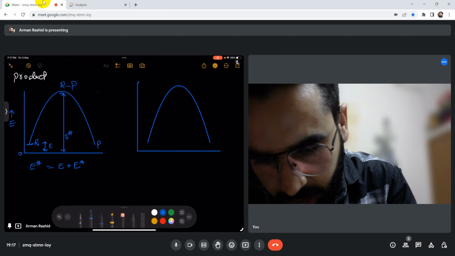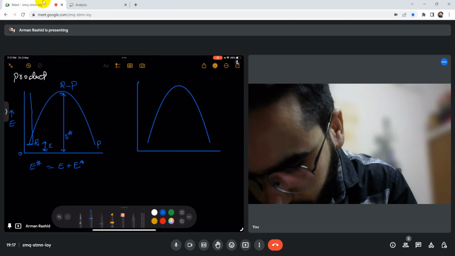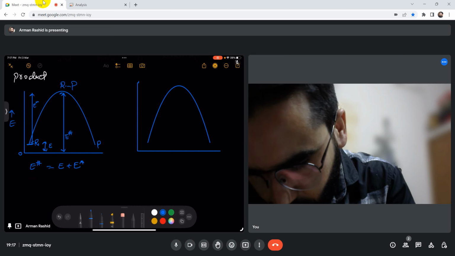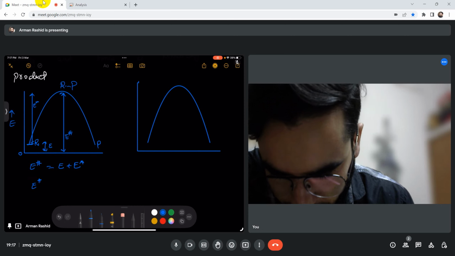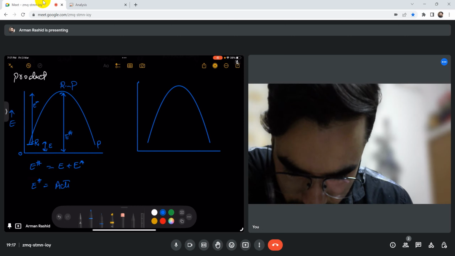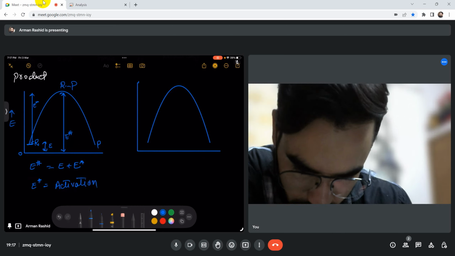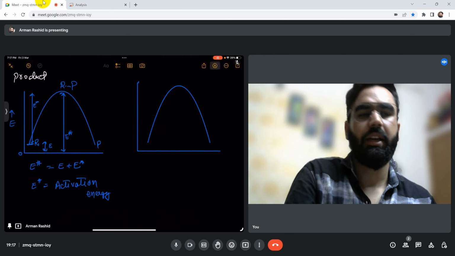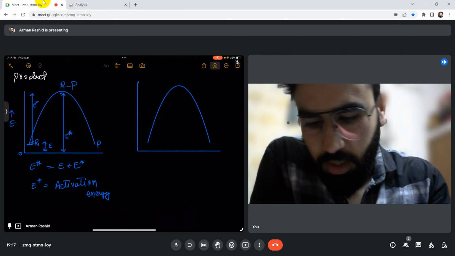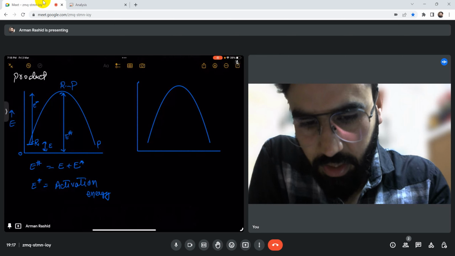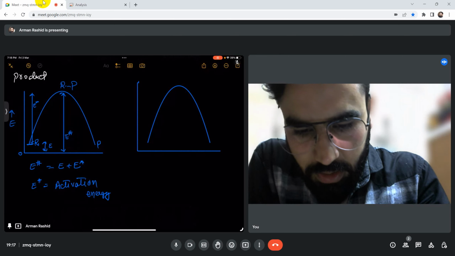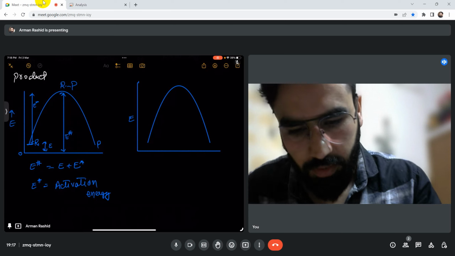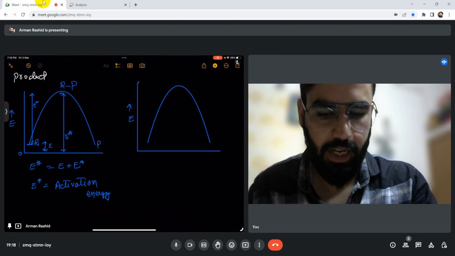E star is the energy from here to here, so E star is the activation energy. This is the extra energy that is required to form a complex. Now this is E, and on this side we have the reaction coordinate.